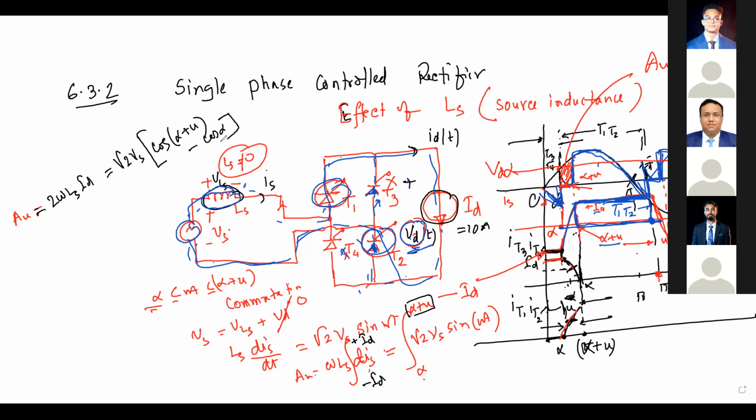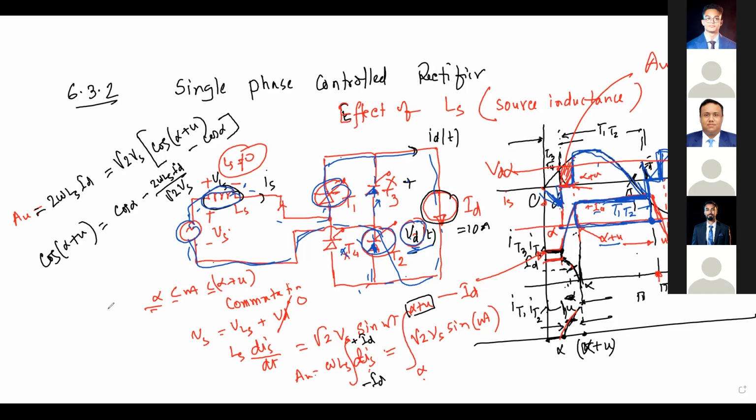Yes or not? And from there you can find out the equation of cosine alpha plus U equal to cosine of alpha minus 2 omega LS ID divided by root 2 VS. Am I correct or not? Yes, sir. Check.